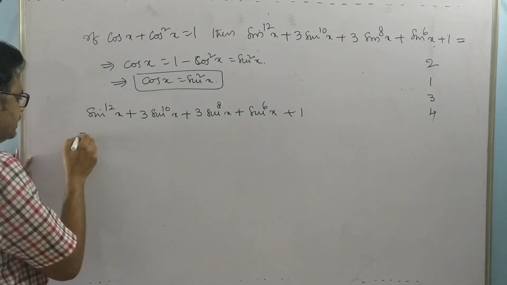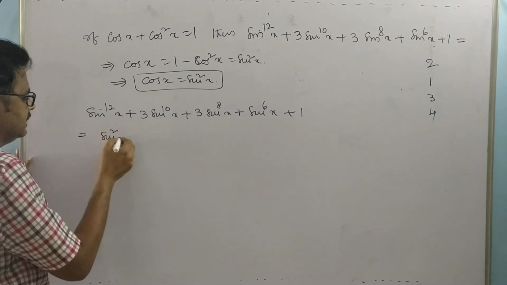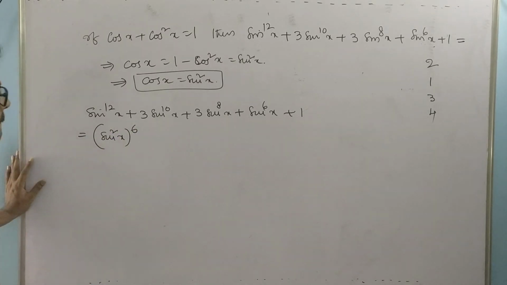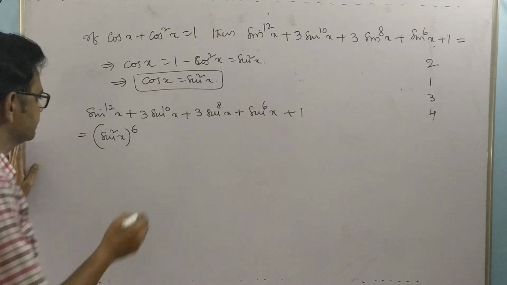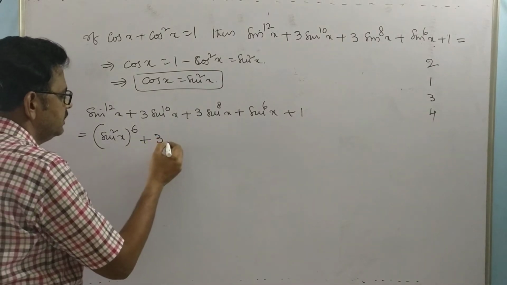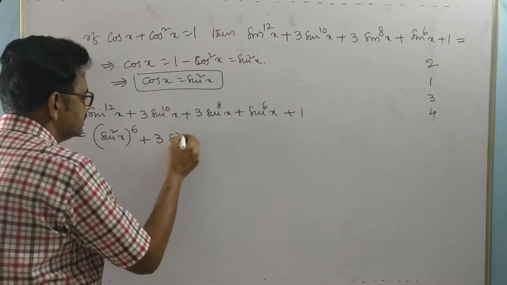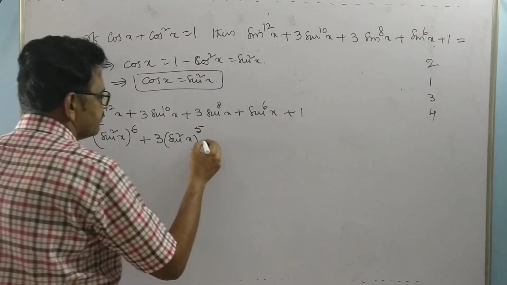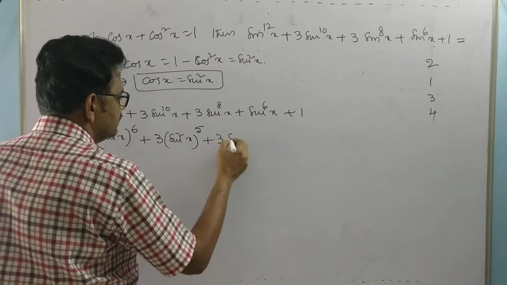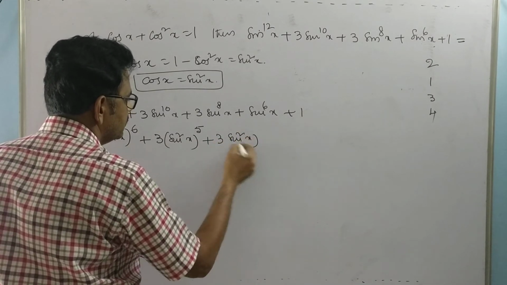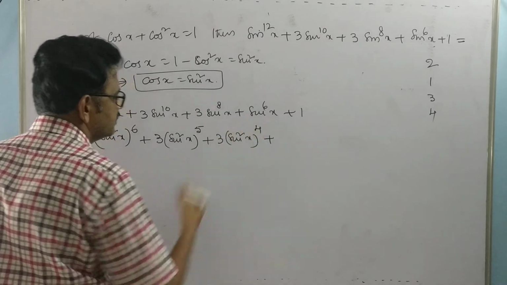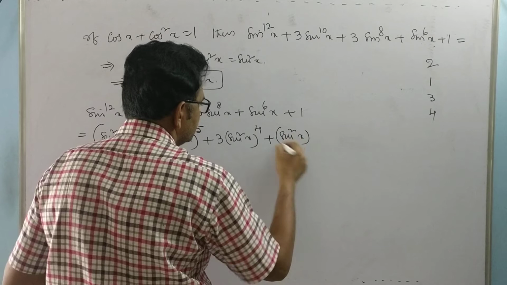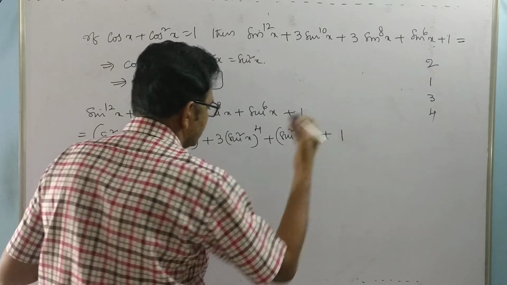Now this can be written as sin square x whole power 6, plus 3 into sin square x whole power 5, plus 3 into sin square x whole power 4, plus sin square x whole cube, plus 1.